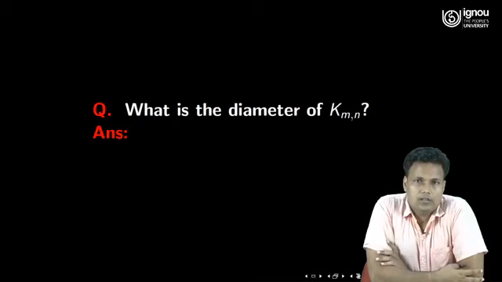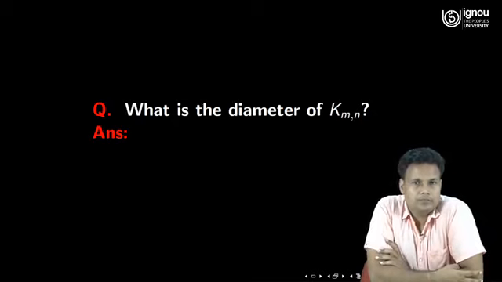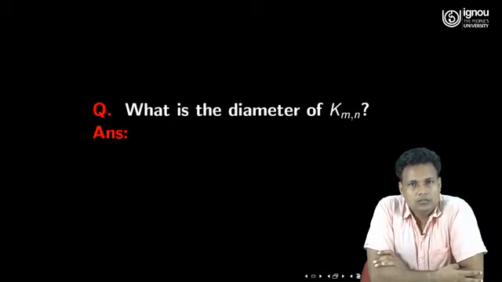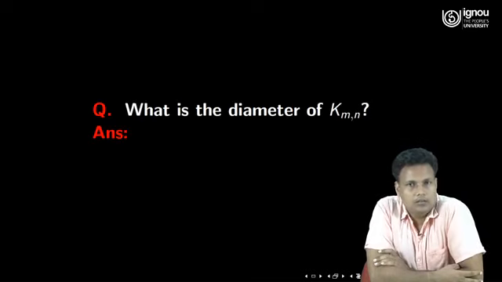Okay, now let's consider a question. What is the diameter of K_{m,n}, the complete bipartite graph on m and n vertices? To find its diameter, we shall consider any two vertices and find the maximum distance between them. So any two vertices of K_{m,n} can be either in one partite set or they lie in distinct partite sets.